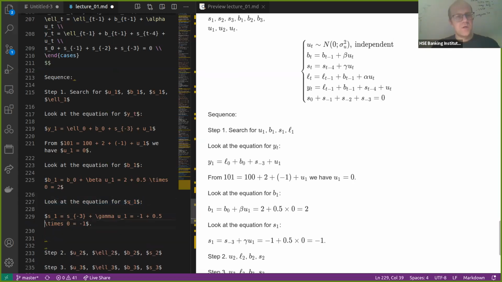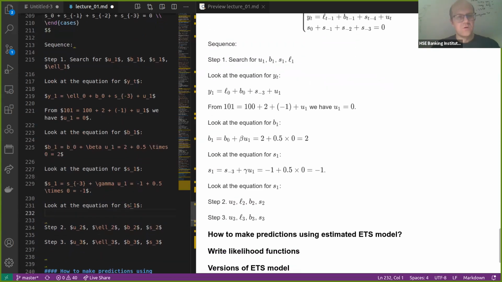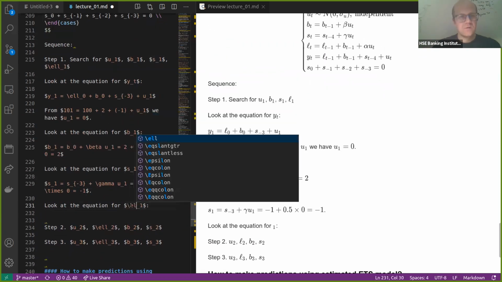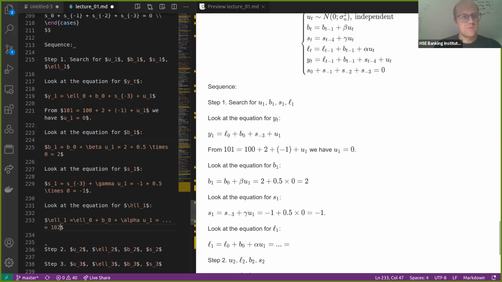Now look at the equation for L1, and L1 is L0 plus B0 plus alpha times U1, and it's equal to, I think, 102.